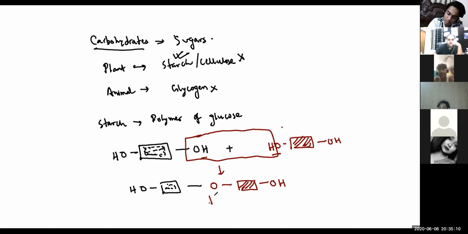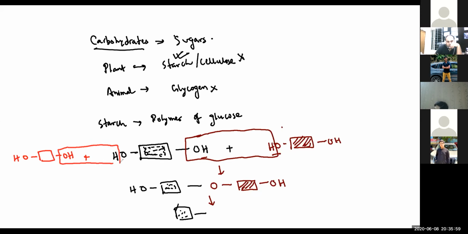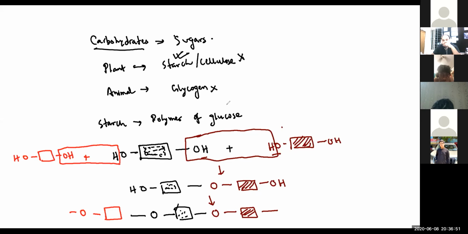Eventually that will lead to what? Eventually it will lead to a polymer. So polymer, there's an O. Okay, so if you can see, this is our monomer number 1, this is our monomer number 2, and this is our monomer number 3.